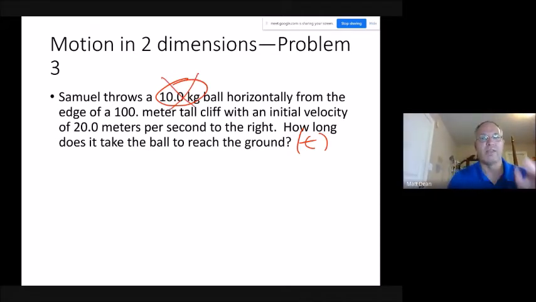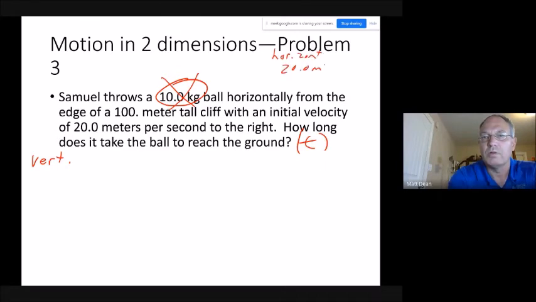Remember that when we're working these problems, the time is determined by vertical pieces of the problem. So let's think vertically. He throws the ball horizontally at 20 meters per second to the right. I'm going to keep a horizontal column over here too. Vertically though, since he threw it horizontally, its initial vertical velocity is 0.